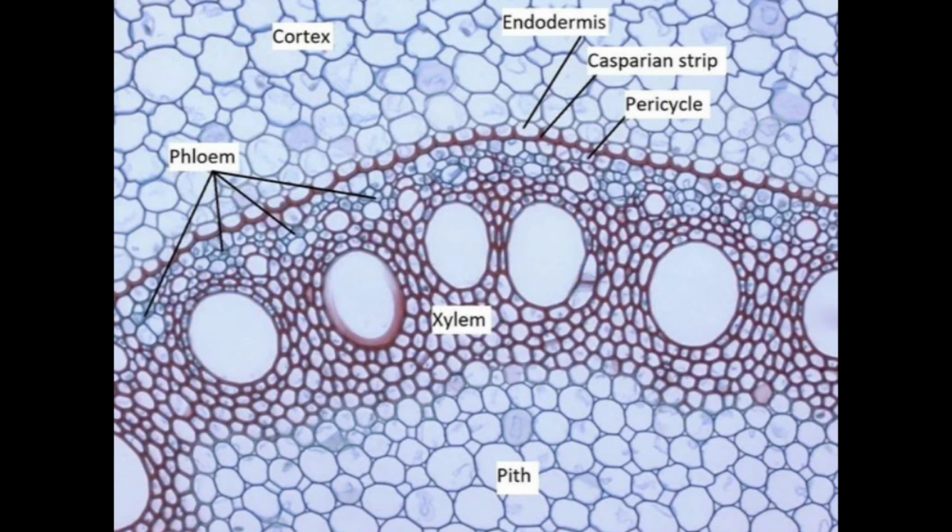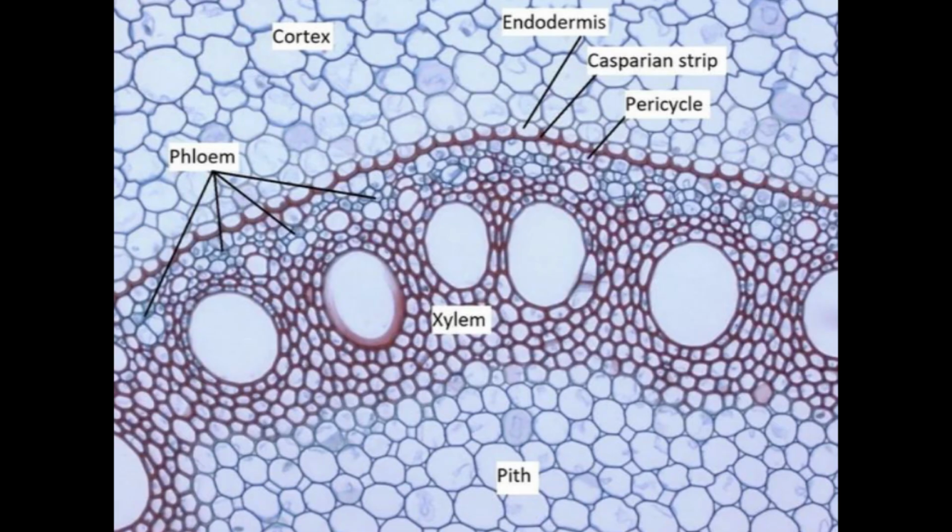The inner layer of the primary cortex, the endodermis, surrounds the vascular tissues located in the center, the central cylinder. Endodermal cells are tightly packed together. Each of them has a Casparian strip on its cell walls, named after its discoverer, the German botanist Robert Caspary.